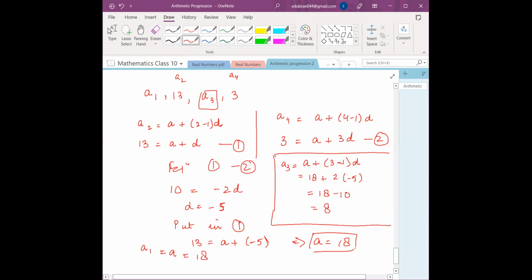So A3 is 8. I think this will be the more appropriate approach from the exam point of view. You can do it like this with the help of the formula.